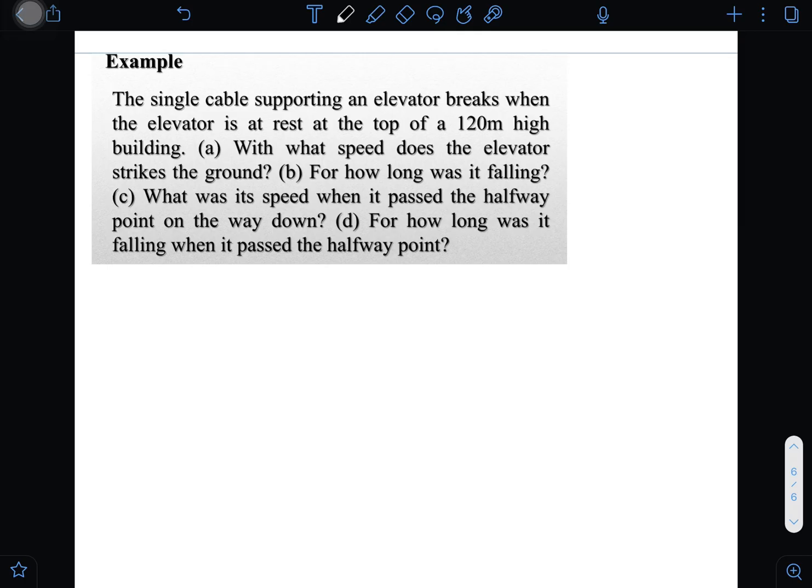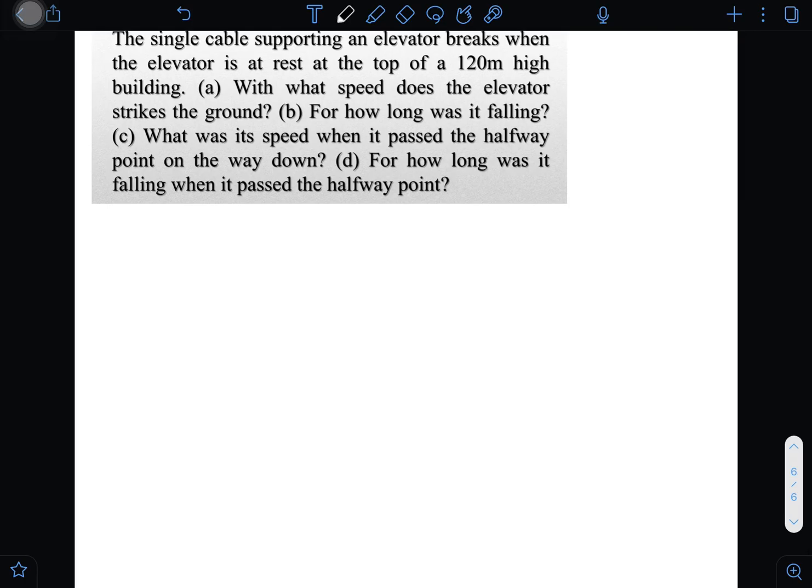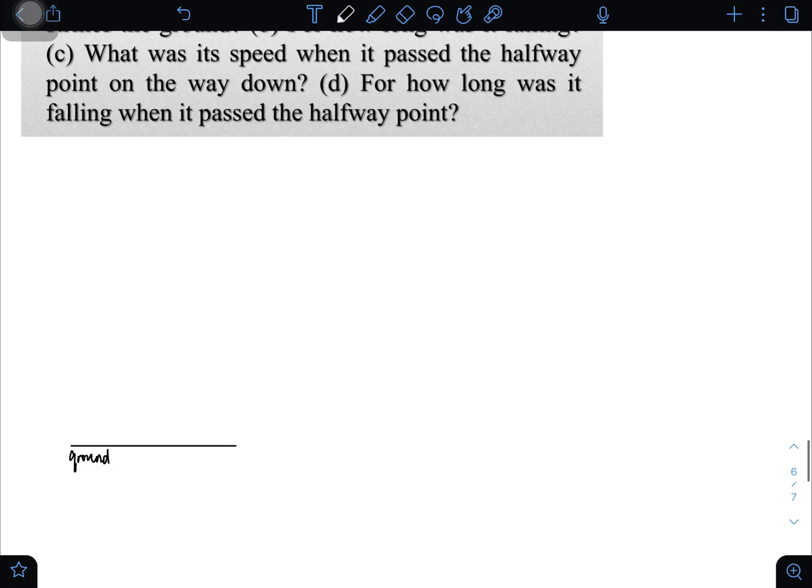Okay, say for example this is the ground, and say this is the top of the building, and let's say the elevator is anchored outside, so a construction elevator.